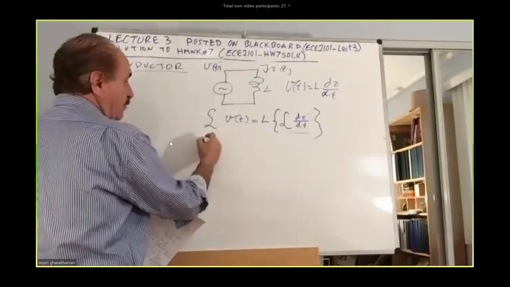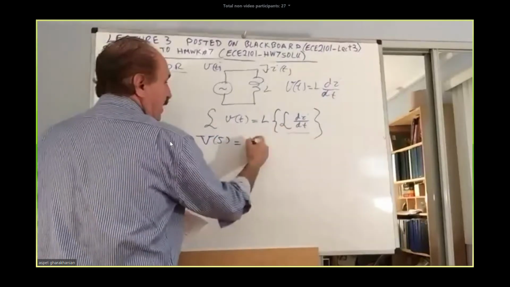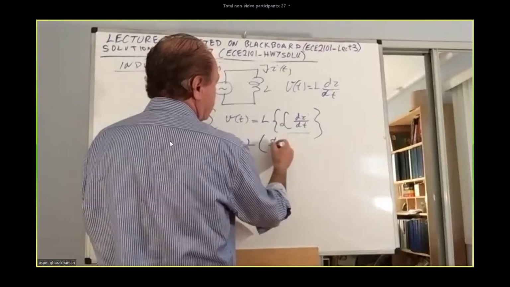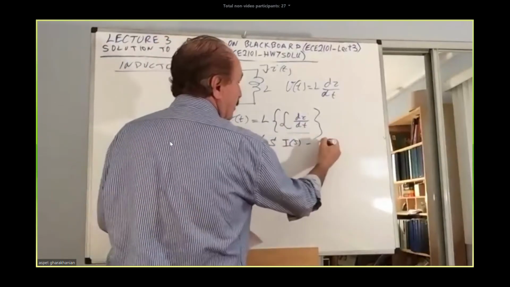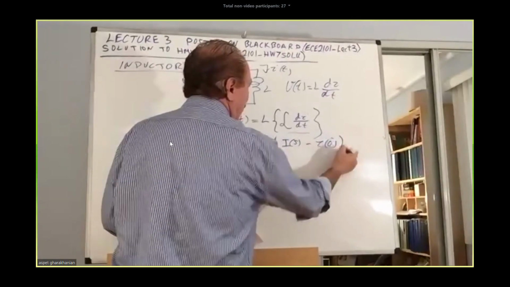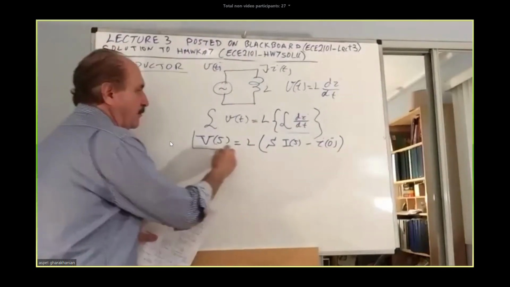The Laplace of v(t) will be V(s). This will be L times s times I(s) minus i(0-), the initial value of the current in the inductor. There it is. You get this expression here.